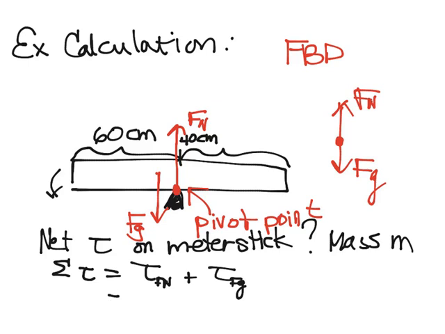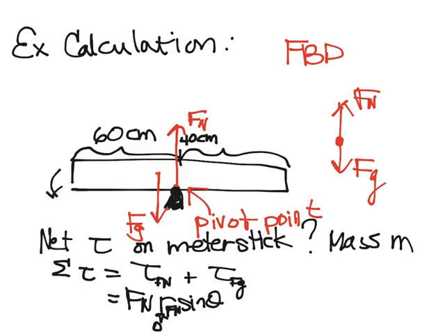That is going to be Fn times the radius of Fn, the distance from this pivot point, which happens to be 0 because it's right on the pivot point, times sine theta.